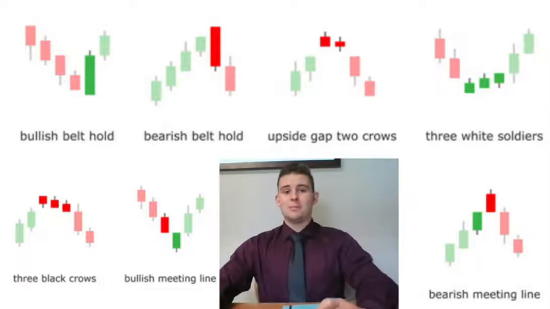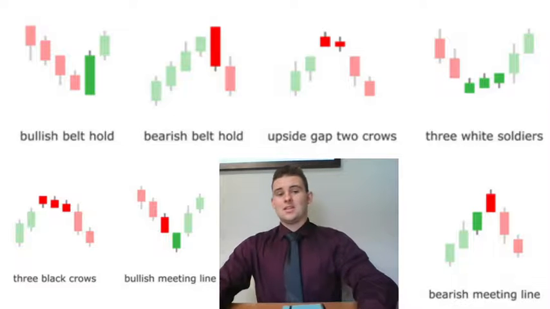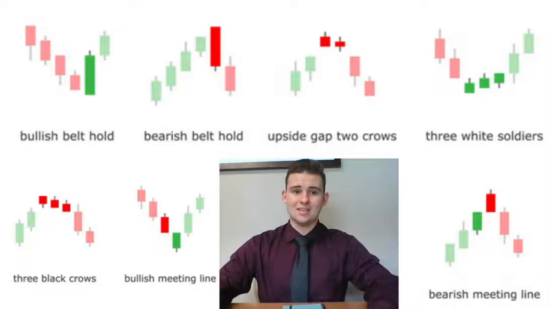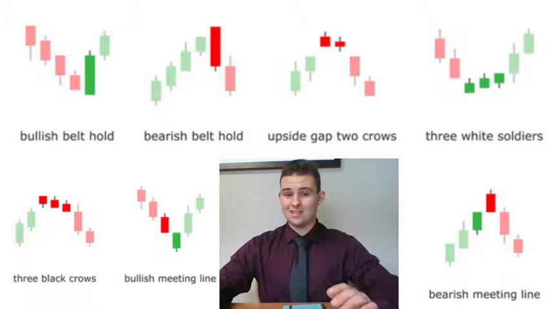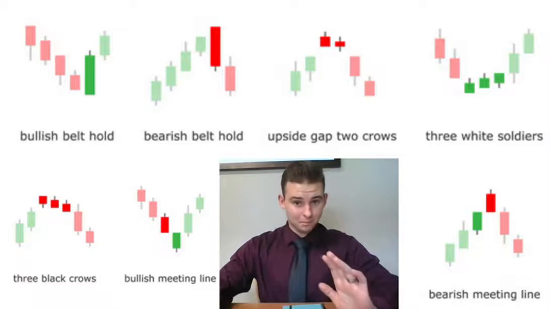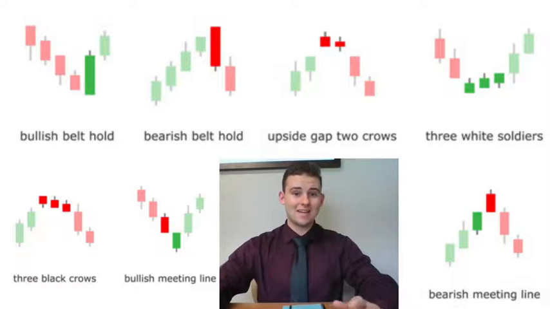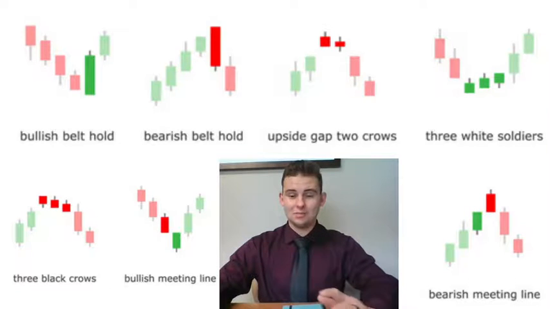We have the bullish belt hold, which, as you can tell, you have a long line of red candlesticks representing a downtrend, and then all of a sudden a very nice, massive green candlestick. I really like it when a nice green big candlestick arises, because it is just perfect.